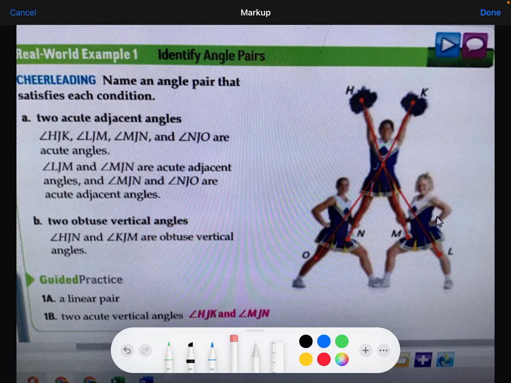So let's look at line HM and NK. These two lines form vertical angles here, HJN and KJM. And since the angles are greater than 90 degrees, these are called obtuse vertical angles.